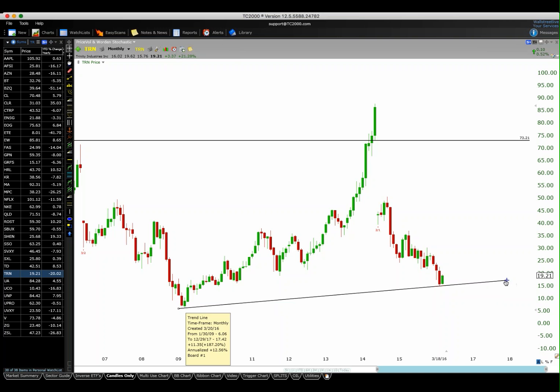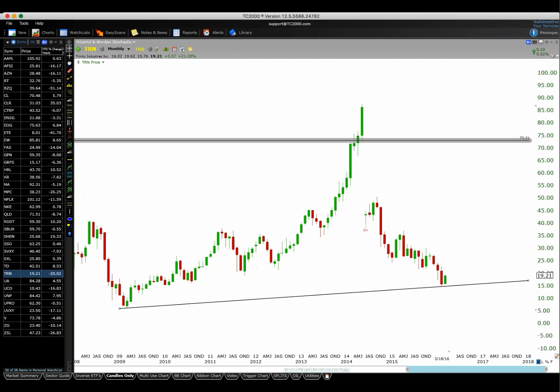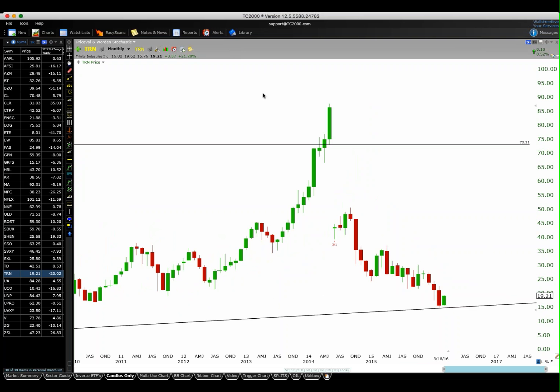Just to get a visual, I have a beautiful gap on the monthly, way up here, nice gap. The problem I have right now is that I have a pattern in place that's not ideal for the upside, not yet.